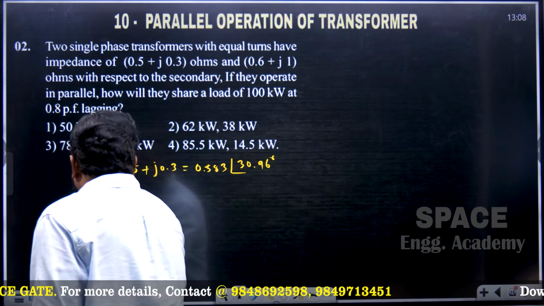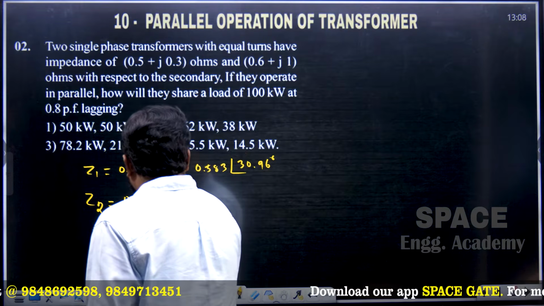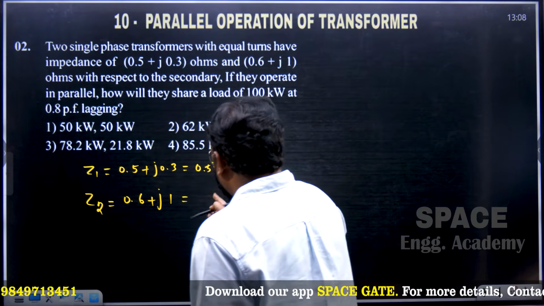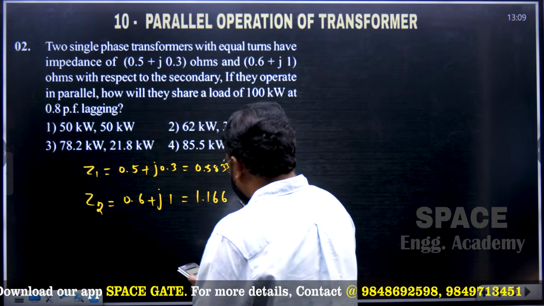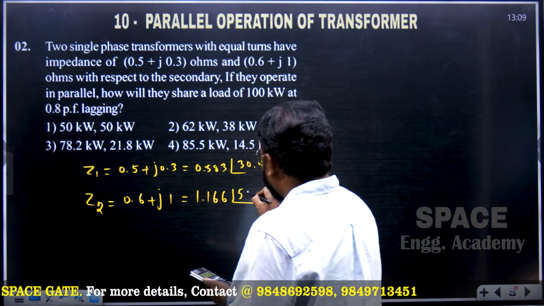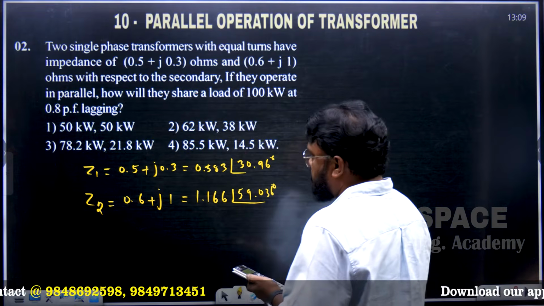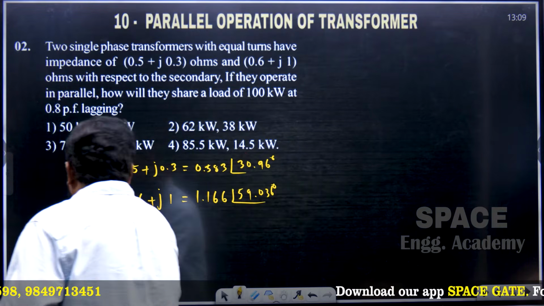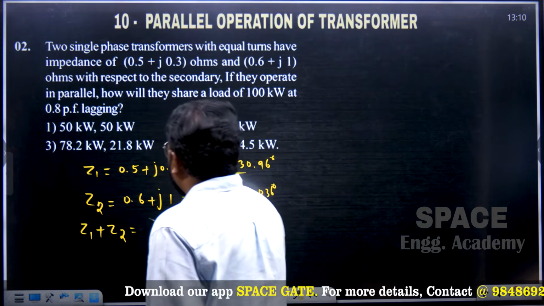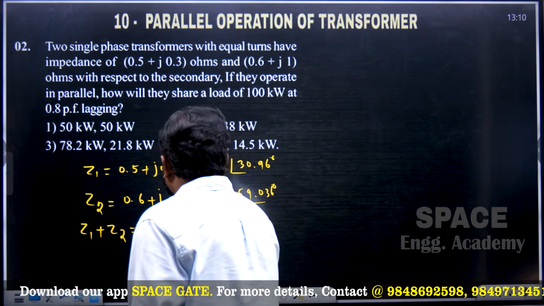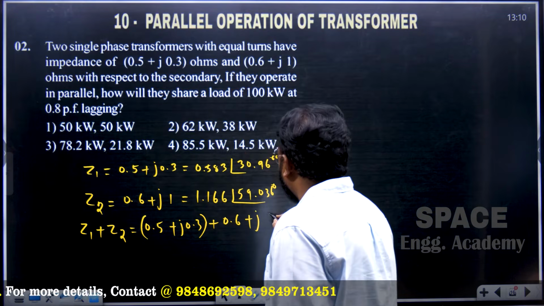Next, the impedance of transformer 2 was given as 0.6 plus j1. Let us calculate the magnitude, which is 1.166, and the angle is 59.036 degrees. Let us also calculate Z1 plus Z2, which is 0.5 plus j0.3 plus 0.6 plus j1.